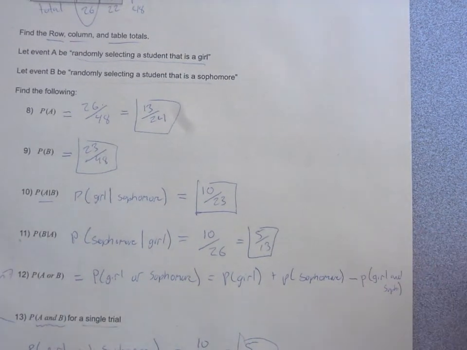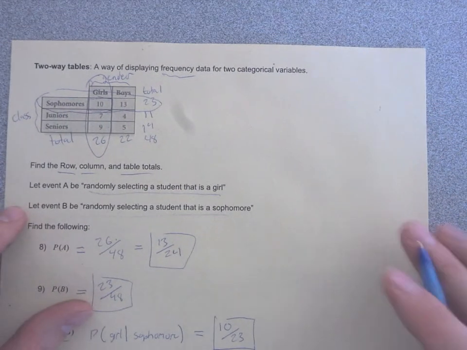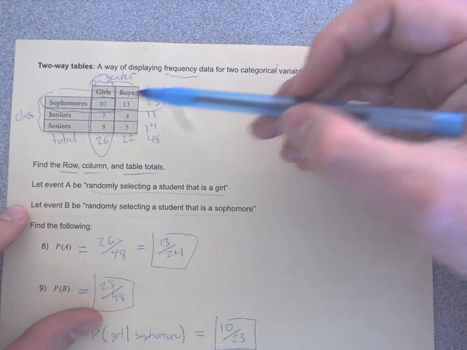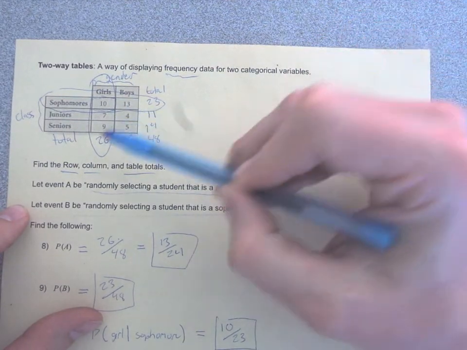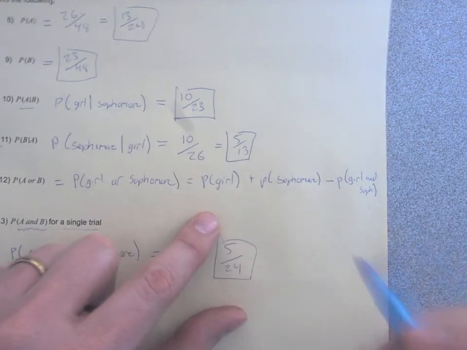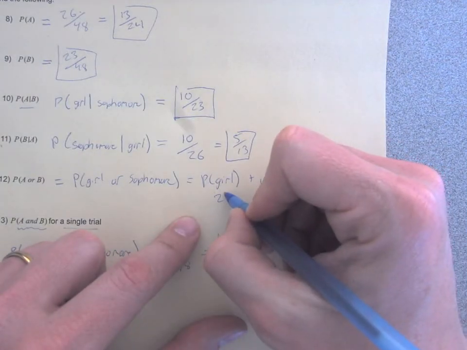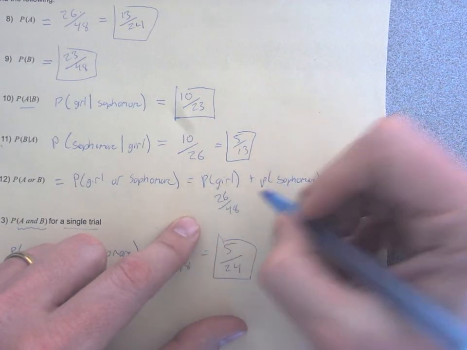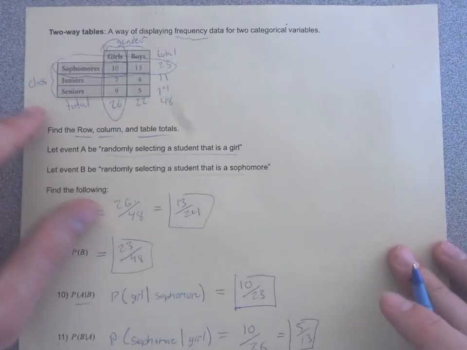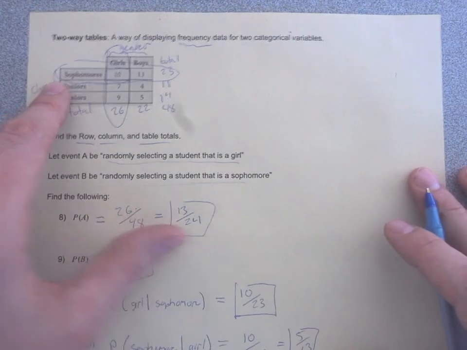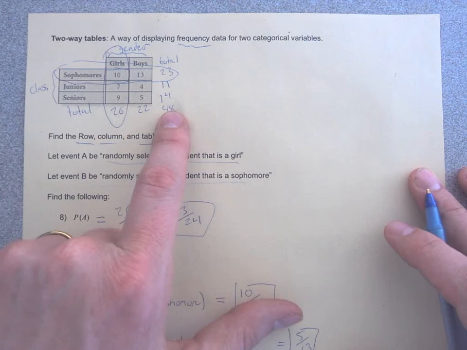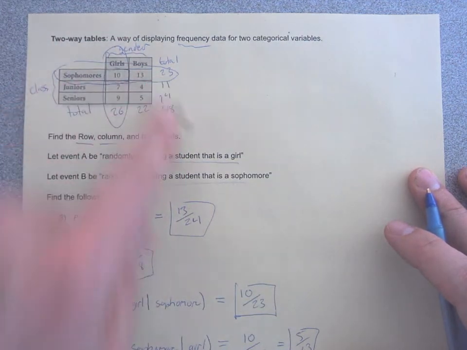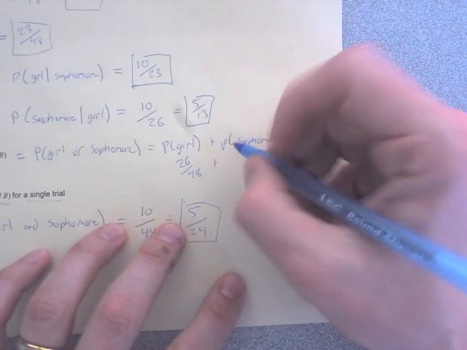Okay, so let's unpack that a little bit. The probability that I got a girl, we already knew it was 26 over 48. There are 26 girls out of the 48 students. So the probability of choosing a girl is 26 out of 48. The probability of choosing a sophomore is 23 out of 48 because there are 23 sophomores out of 48 students.